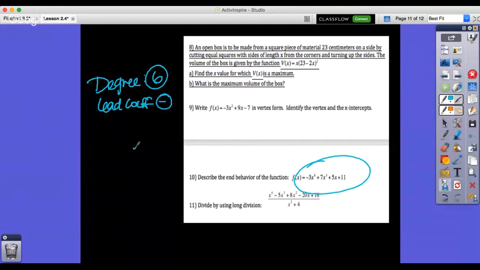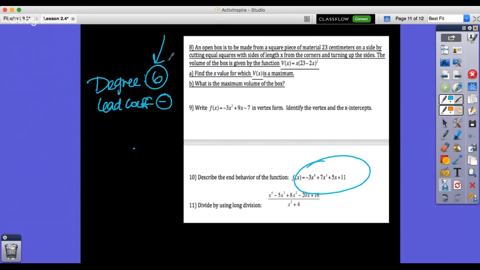Because it's opposite, isn't it? It's opposite, good. Here's how I think of it. Remember an even degree? We think of a parabola like x squared, so both ends will rise or fall together.